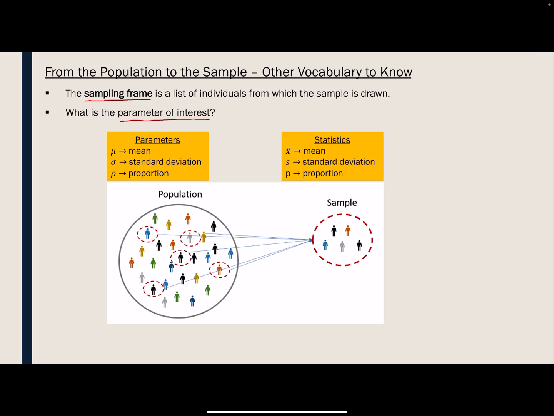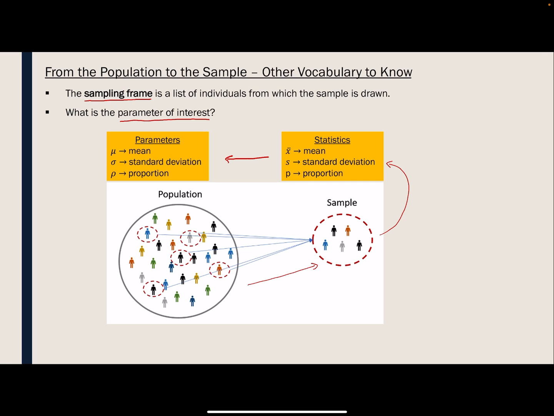We have this large population. We take a sample of that population, and then from the sample, we calculate statistics of that sample. And the statistics are the mean of that sample, the standard deviation, or the proportion. And then from those statistics, we want to make inferences about the population measurements of the mean and the standard deviation and the proportion.